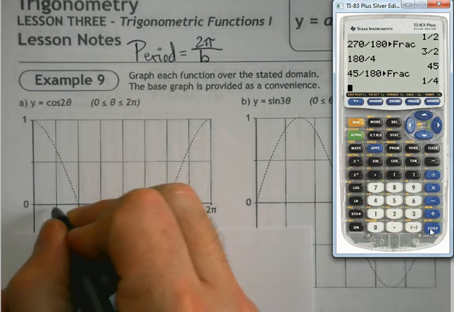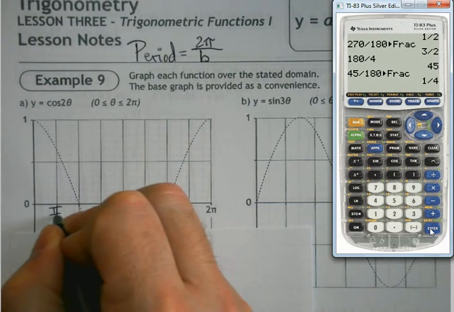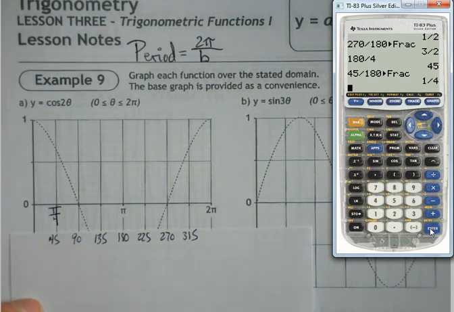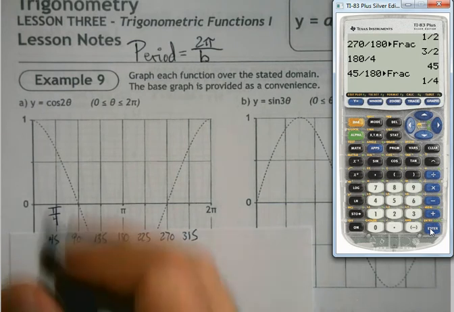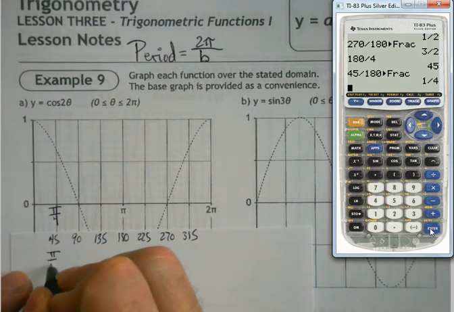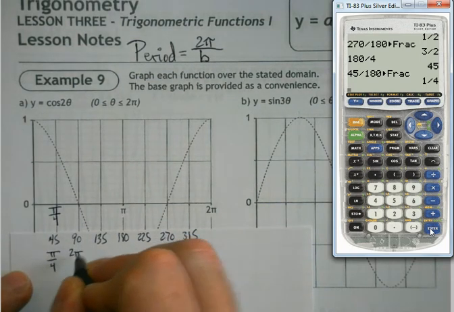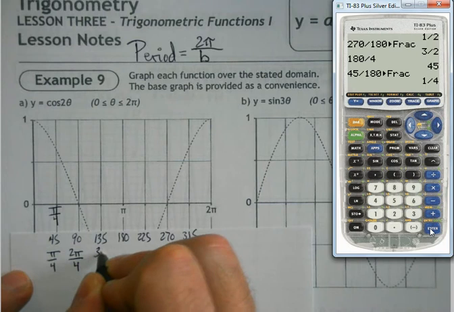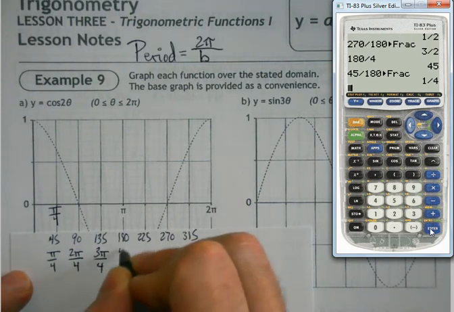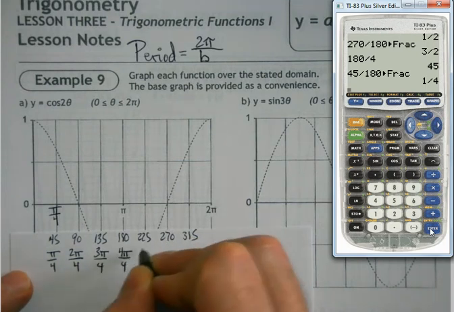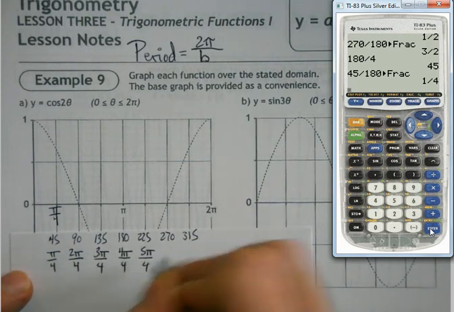Okay, so this is pi over 4. So remember, I can keep doing the calculator. I could do 90 over 180, 135 over 180, or I can remind myself I can just keep adding a pi over 4 to each of these, and then just simplify the fraction that's there. And I'm probably not even going to need a calculator for any of them.